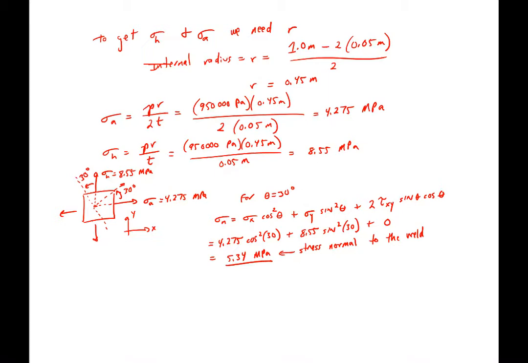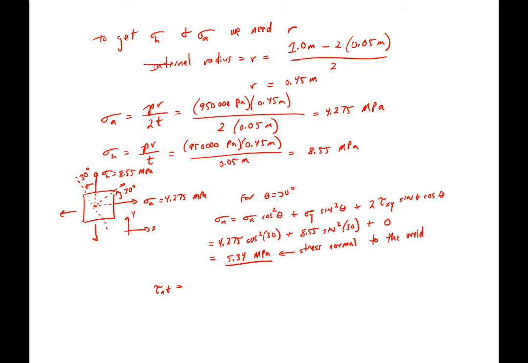All right. If we want the shear stress along the weld, we're going to need our other stress transformation equation, tau nt. That's going to look like negative sigma x minus sigma y times sine theta cosine theta, plus tau xy times cosine squared theta minus sine squared theta.